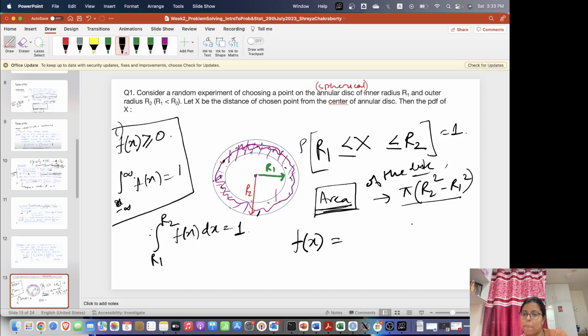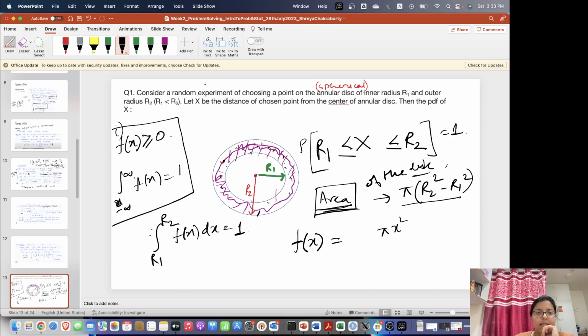Now if I choose any point here, and with that radius I construct a smaller disk, then that entire area will be something like pi x square.